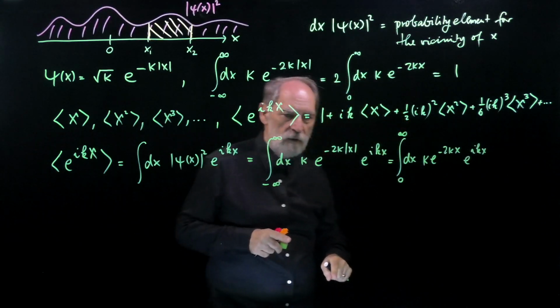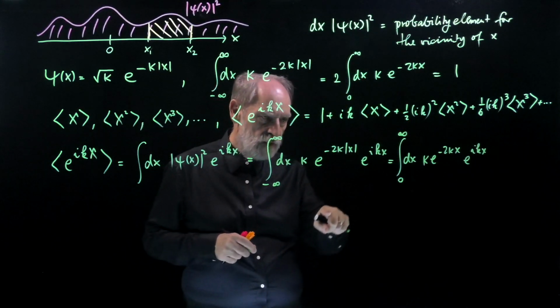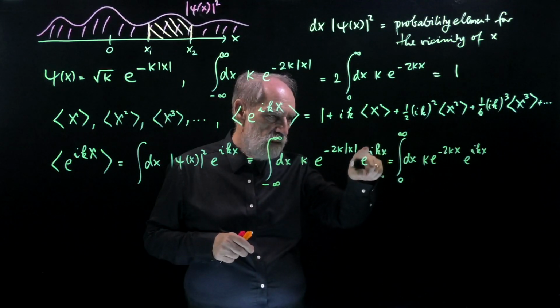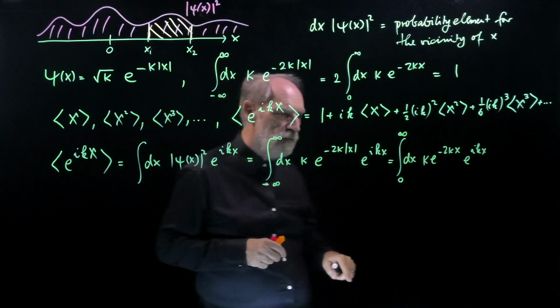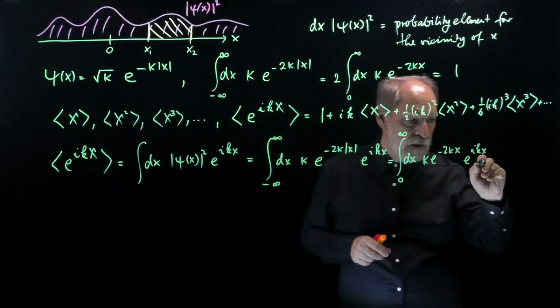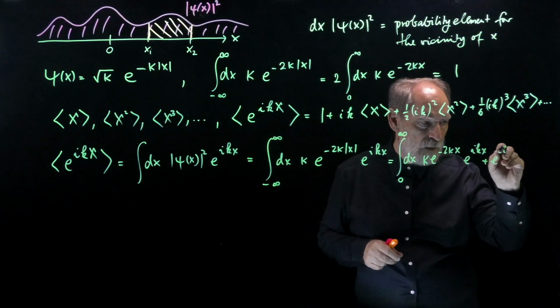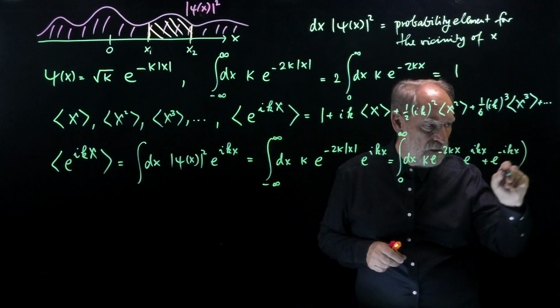And then I look at the contribution from the negative x values, where the e to the ik comes with a negative value for x. So I account for that by adding in e to the negative ikx.